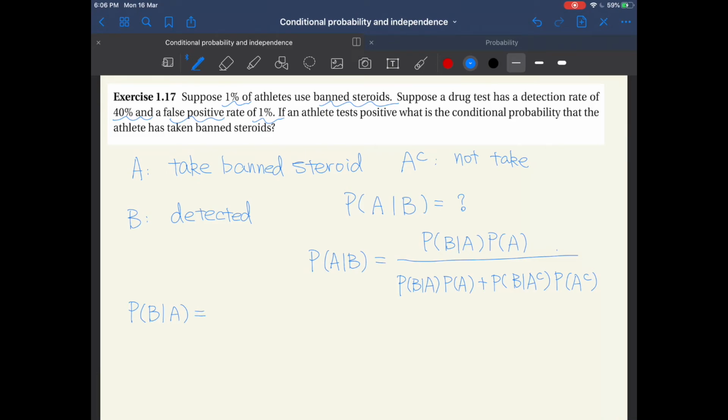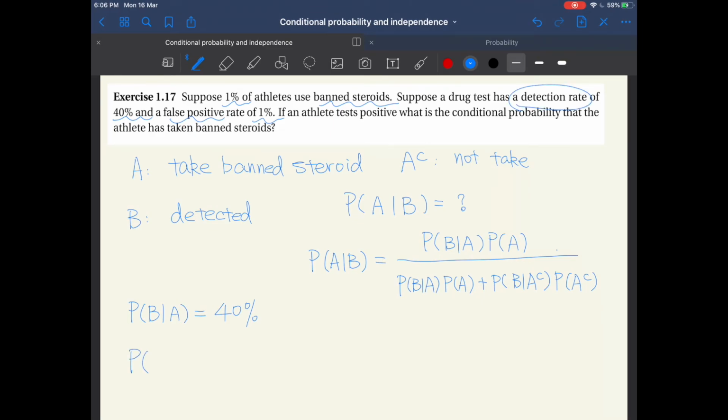Well, what does that mean? It means that given the athlete actually takes in banned steroids, what's the chance of this athlete being tested positive? That is 40%, right? That is the exact definition of detection rate here in the question. Okay?